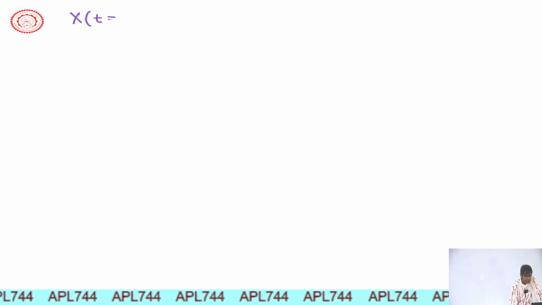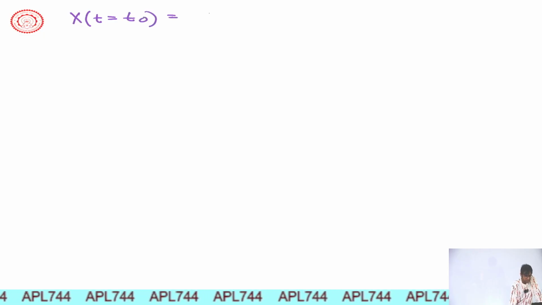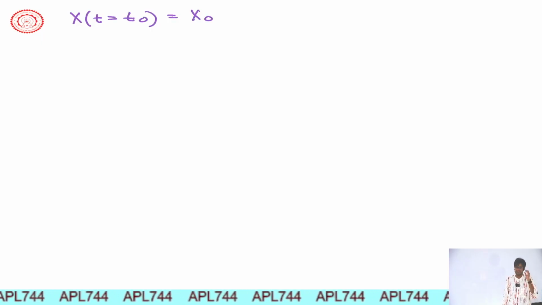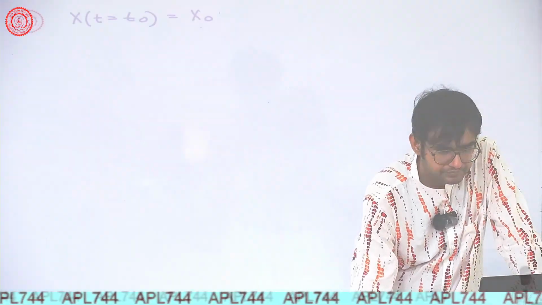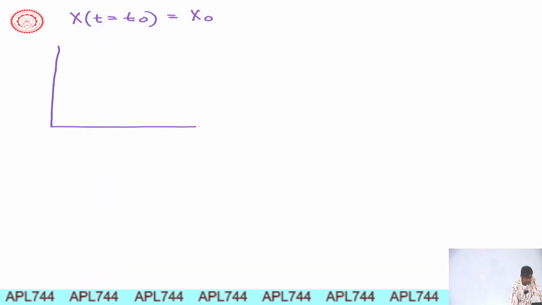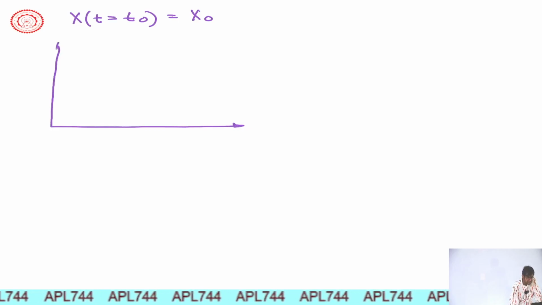So that means if I have to draw it and show it, it will seem something like that. So let's say x at t equal to t0, let's denote it as x0. That's a notation we are going to use. It means x is the random process, remember that. So it's still random. I'm not writing omega, but it's random. And at t equal to t0, whatever I'm getting, I'm denoting it as x0. So maybe it will look something like this.